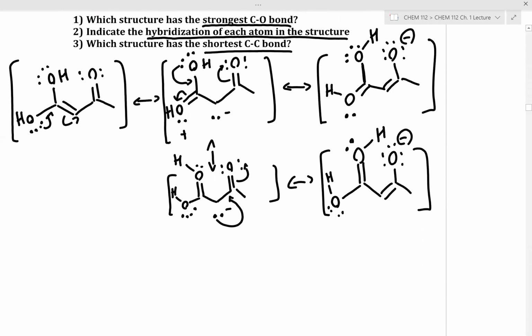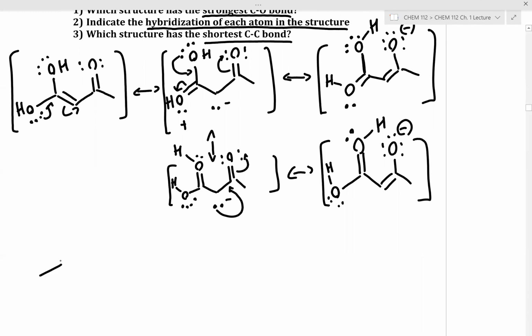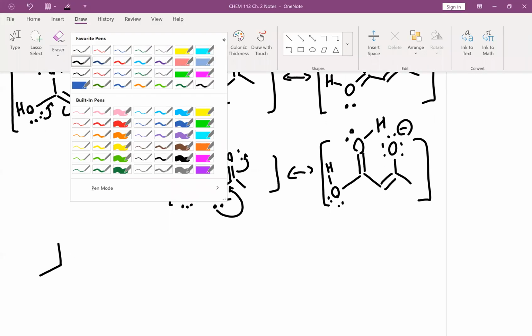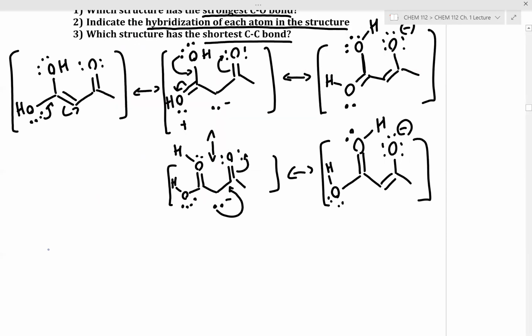Now, thankfully, for the second compound, we don't have nearly as much work to do. So for compound number 2, I'm going to use a slightly different color. We start off with the following Lewis structure.